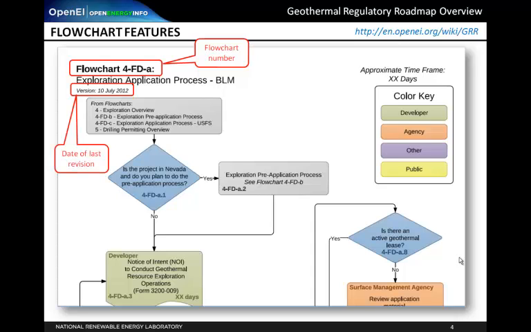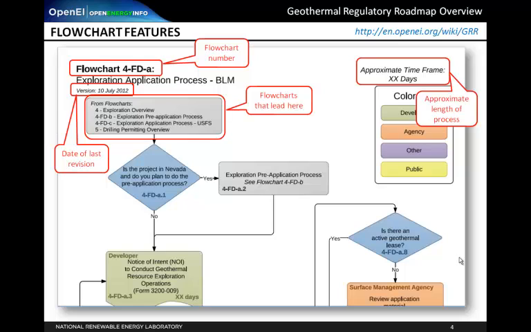Each flowchart has a date stamp in the upper left corner, indicating when the flowchart was last updated. The upper right corner of each flowchart contains an approximate length of time the agency expects a process might take to complete. This can be used by developers as a guideline in project planning, but understand that each project is unique, so exact timeframes are unknown.